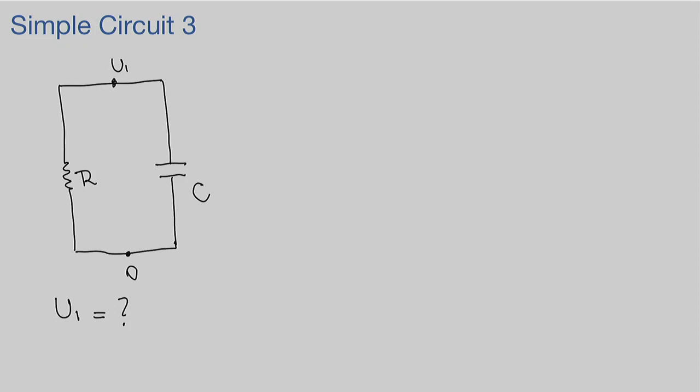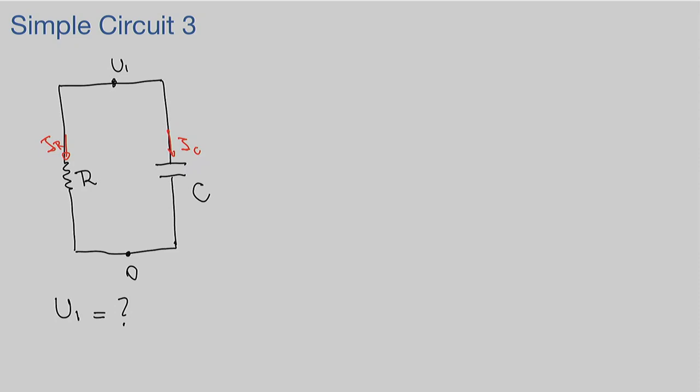What's the methodology that you learned here? Say, okay, I define a current for each element, which for the capacitor, I'm going to say IC for current of capacitor. And I define a current for the other element, which is the resistor, I'm going to call IR.